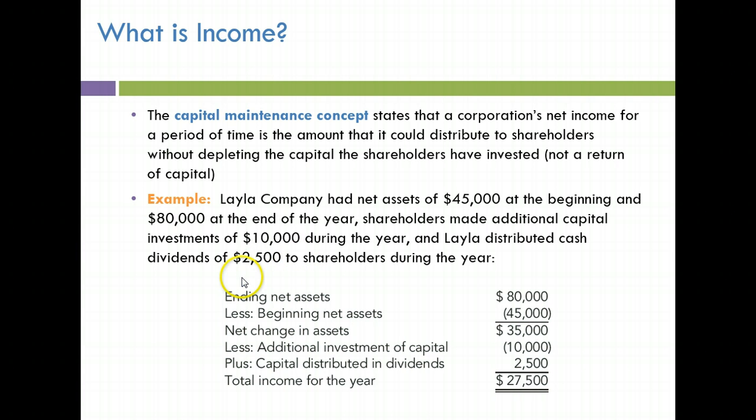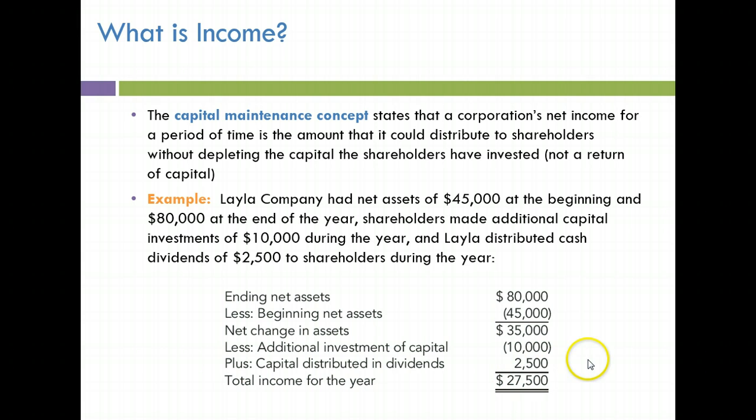So we can see by this example, we ended with $80,000 in assets. We started with $45,000 in assets. So the difference is $35,000, that change in assets from the beginning of the period to the end of the period. It went up $35,000.